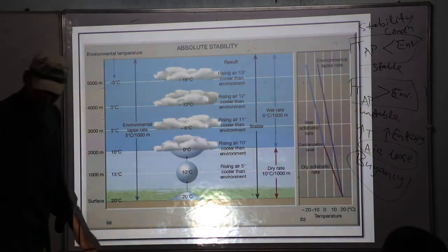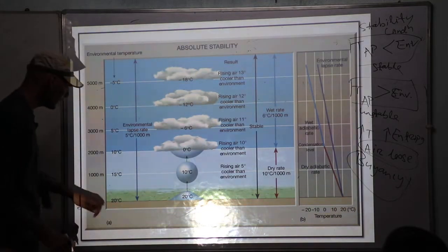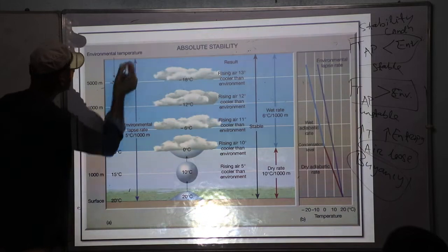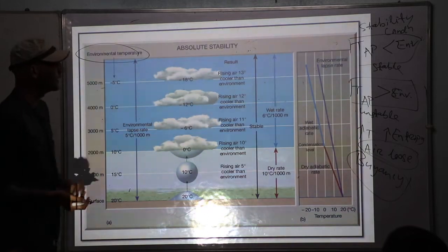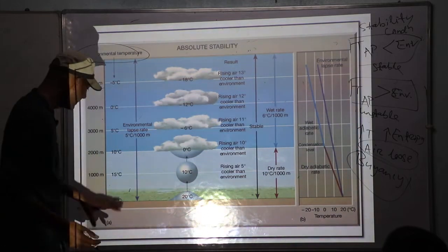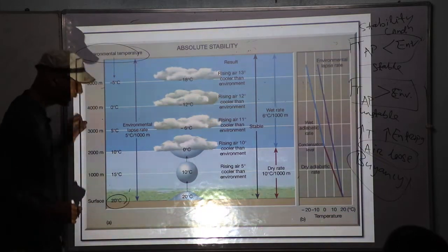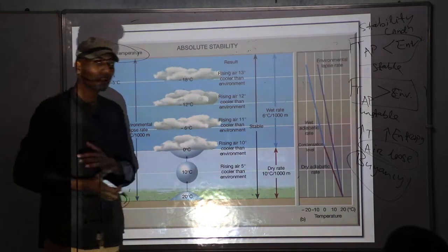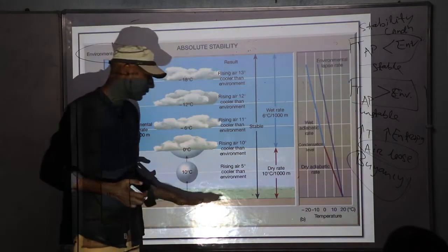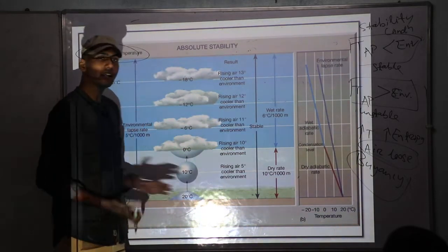So let's see here. Here you can see this side it is environmental temperature. You can see the air parcel near the surface that is having a temperature of 20 degrees centigrade. One more concept is when there is land surface, it can get easily heated.